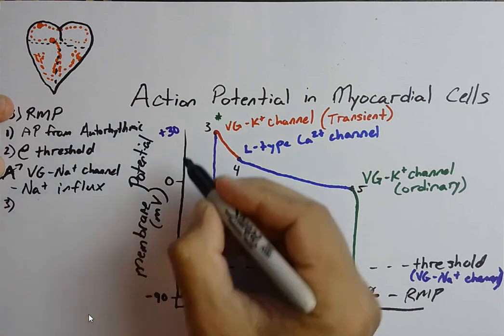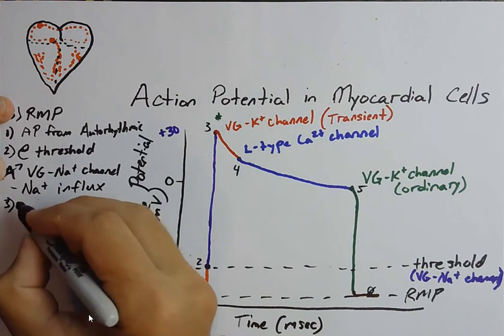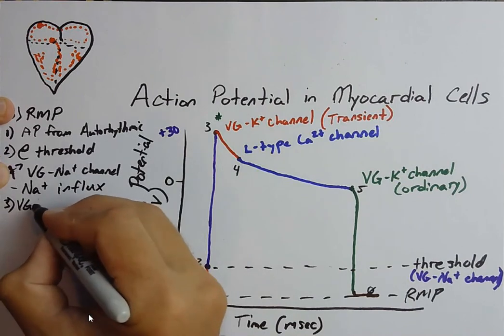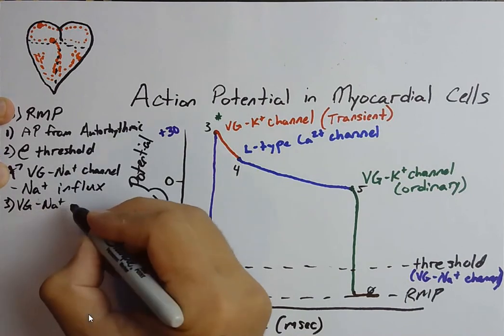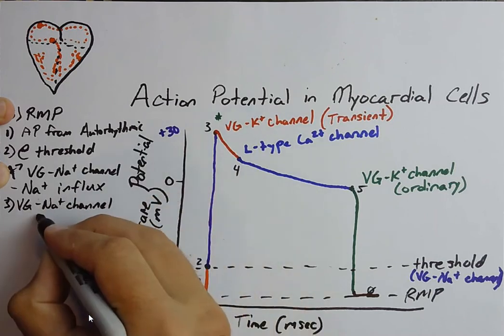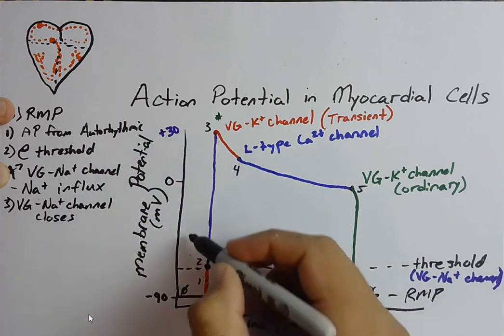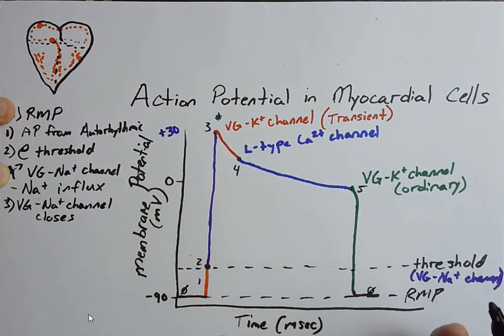What happens at 3 up here? Well, the very first thing I hope you guys see is that those voltage-gated sodium channels have that inactivation gate that's going to close. It's got to close. If it stays open, sodium keeps rushing into the cell. Kind of. There's more to it than that, but that's a good enough thing to start to think about now.